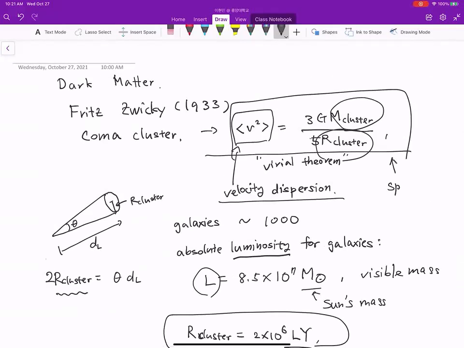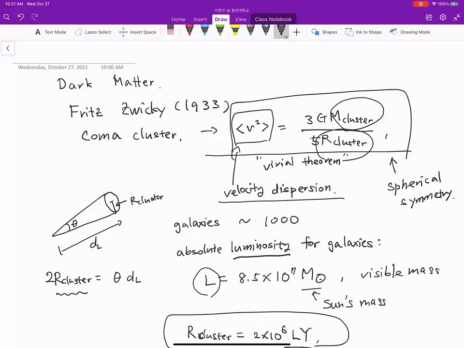When the cluster has a spherical symmetry, the matter density distributed in a way with spherical symmetry, then you can get this result.